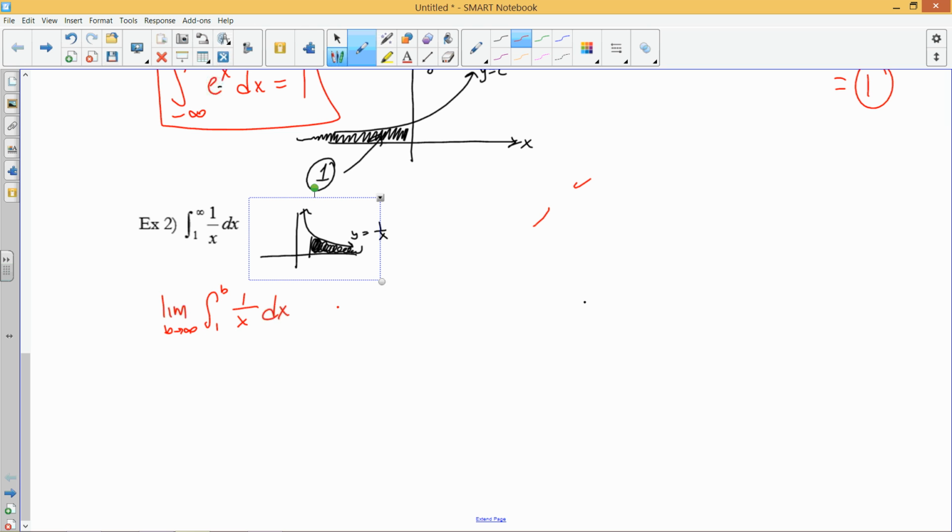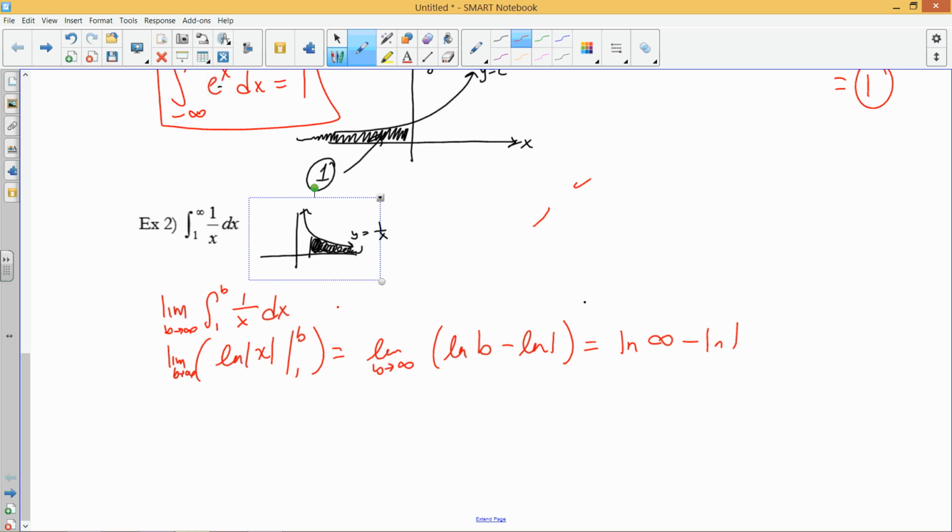The antiderivative of 1 over x is ln absolute value of x from 1 to b as b approaches infinity, which is going to make this the limit as b approaches infinity of ln b minus ln 1. If b is going to infinity, that's ln infinity minus ln 1, which is infinity minus 0, which is infinity.